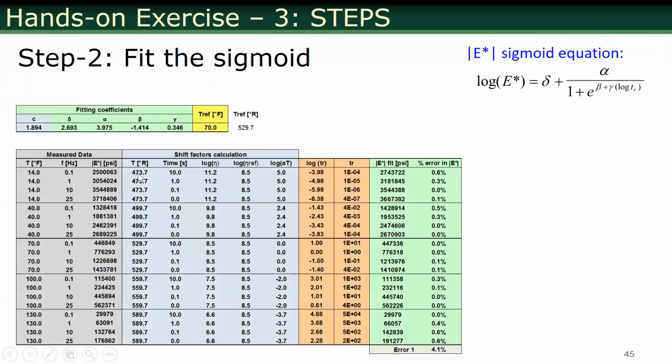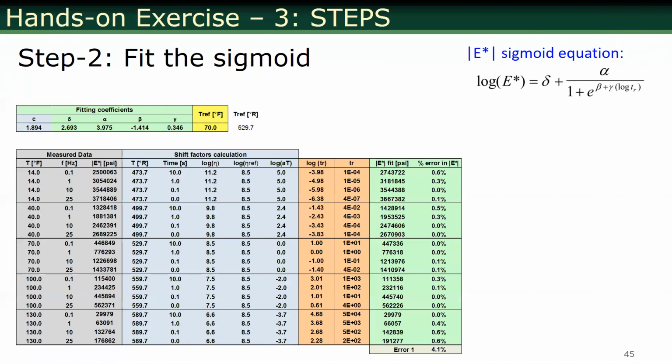So first thing, we will be calculating all these temperatures from this temperature, and then the time from the frequency, essentially 1 over frequency is time, and then we will use the A-VTS relationship to calculate the logarithm of the viscosity.